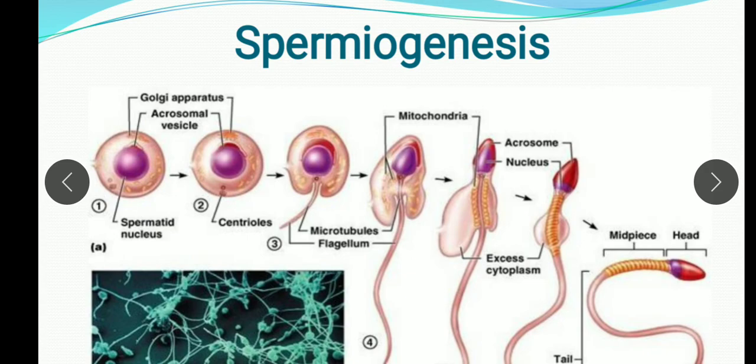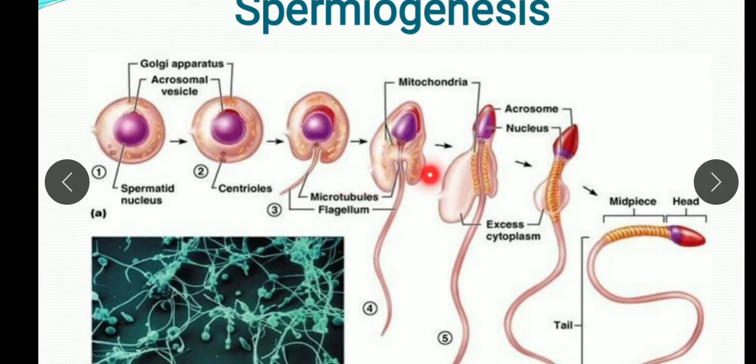Now the distal centriole gives rise to axial filaments which form the tail region. With these changes, each spermatid develops into the sperm.